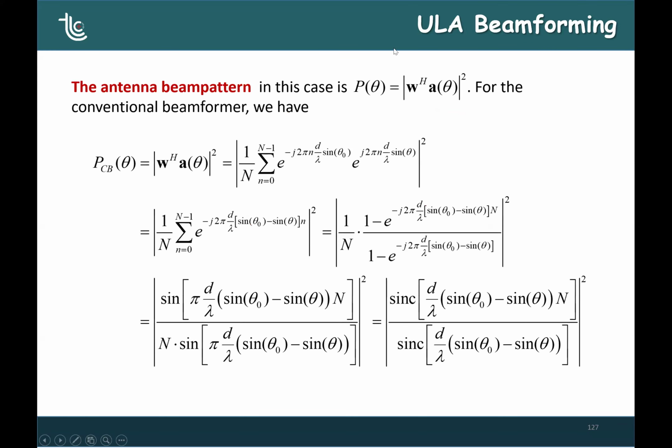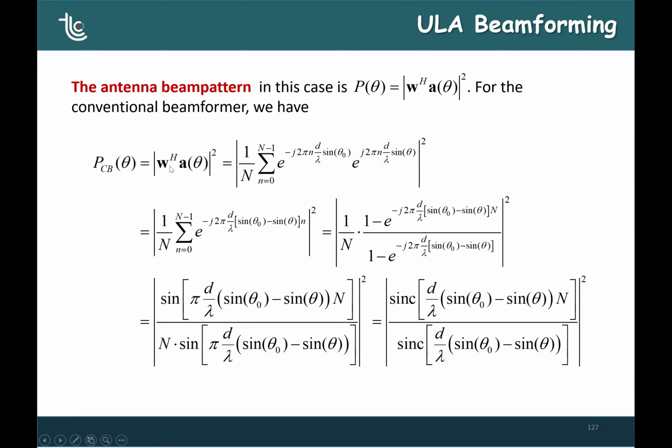So let's see what happens. In this case, the beam pattern is given by the output of this filter, so W^H times A(theta). In the other case, W was equal to 1 over N, okay? Now let's see what happens.